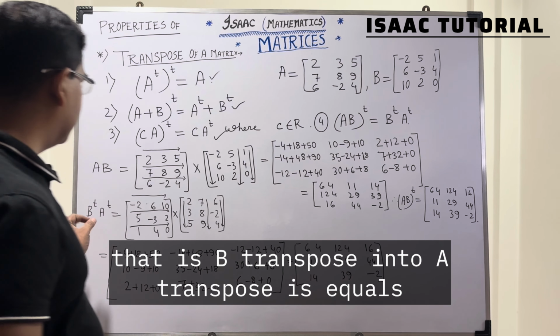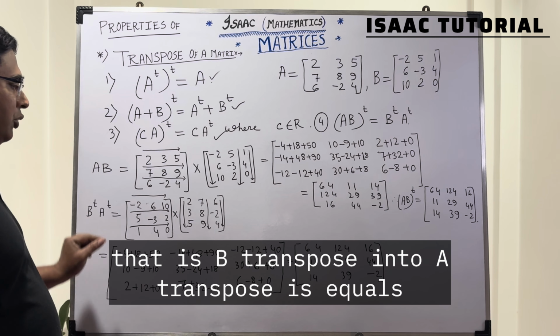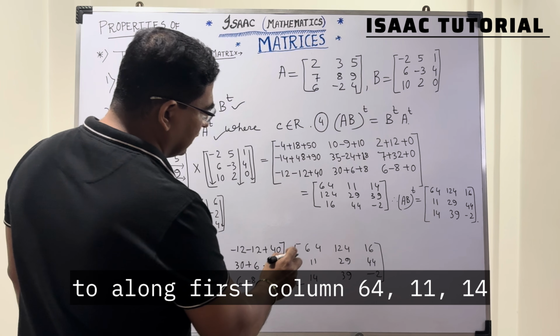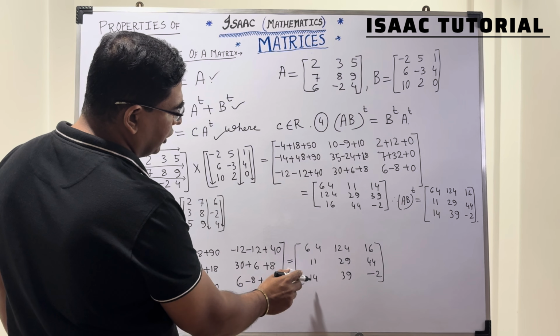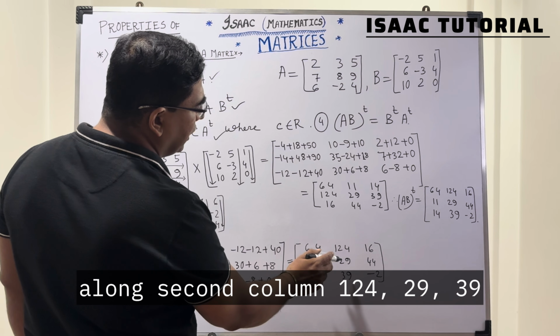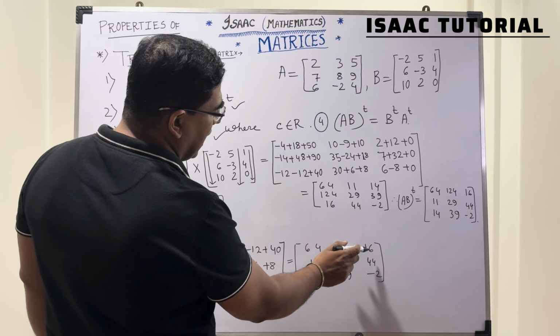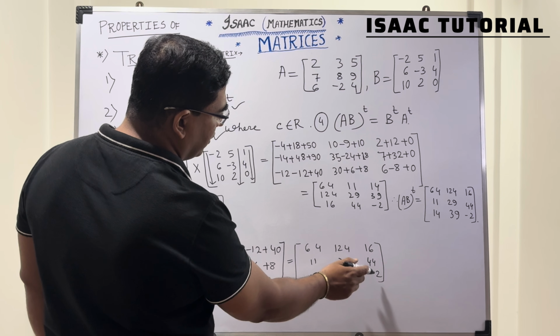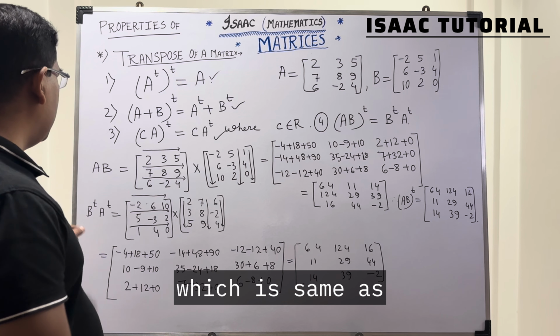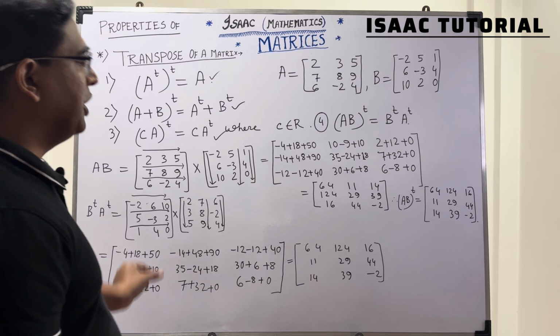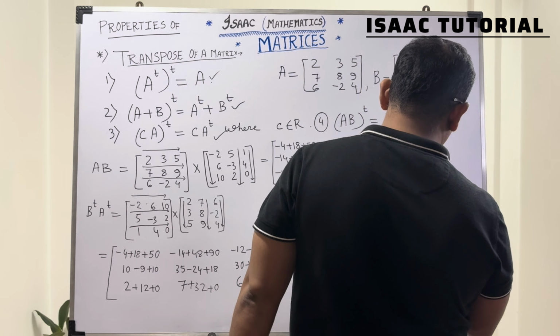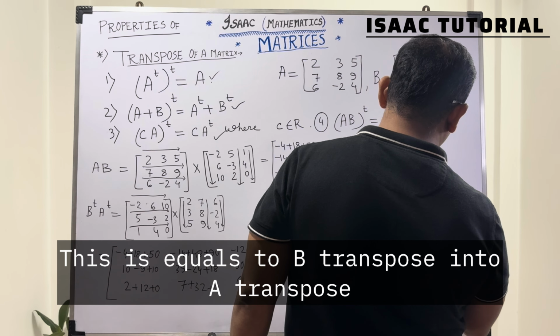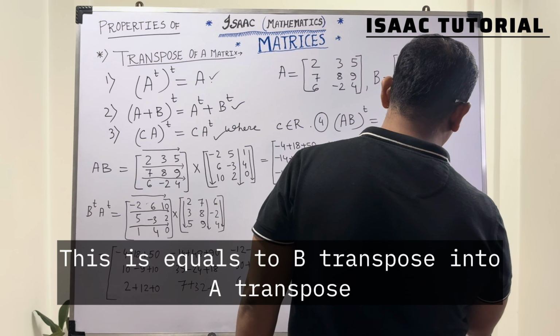That is, B transpose into A transpose is equal to, along first column 64, 11, 14, along second column 124, 29, 39, along third column 16, 44, minus 2, which is same as AB whole transpose. This is equal to B transpose into A transpose.